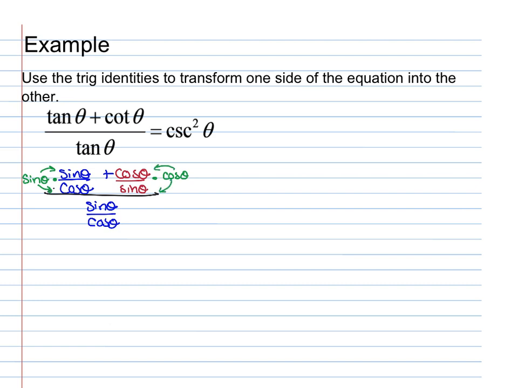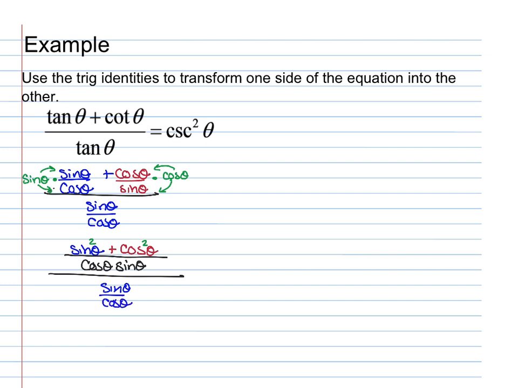So now I'm going to have sine of theta squared, because I have two sines right there, and on the top I'm going to have plus cosine squared of theta because I multiplied, and on the bottom I'm going to have cosine theta sine theta, all of that divided by sine theta over cosine theta.